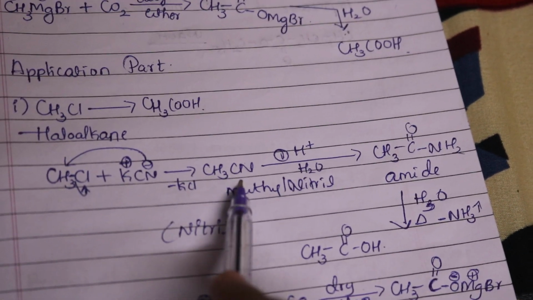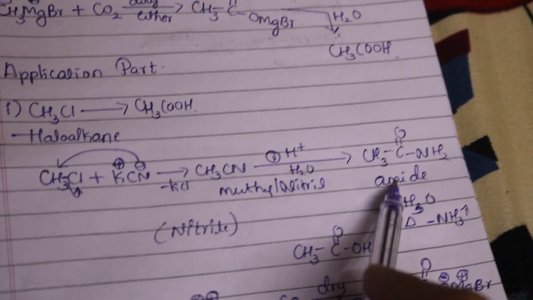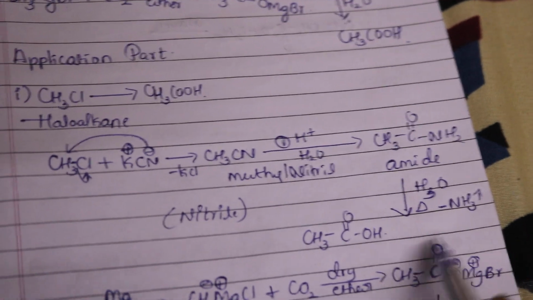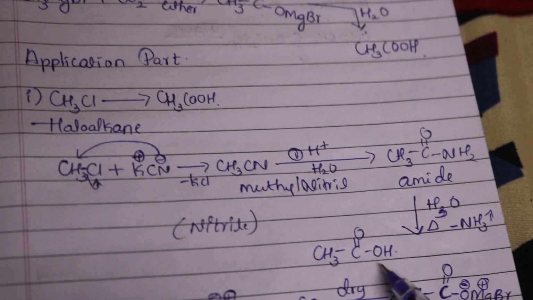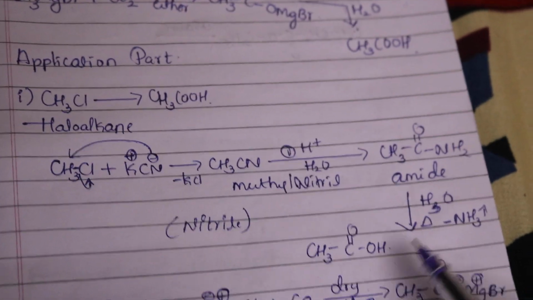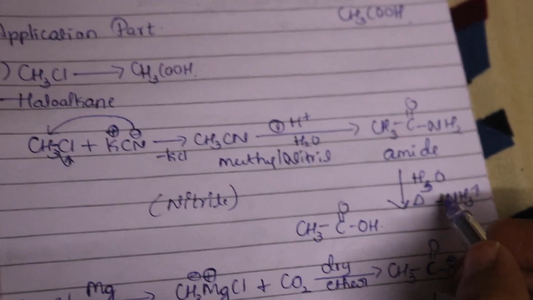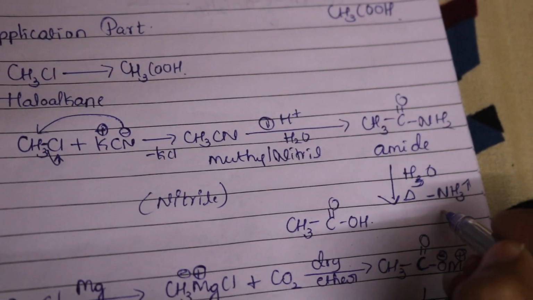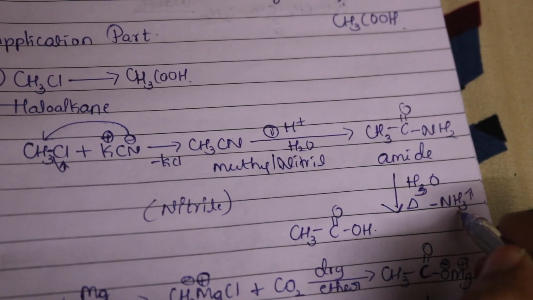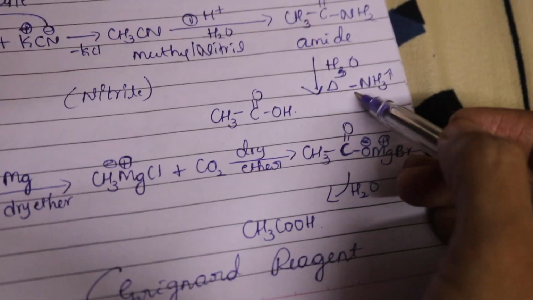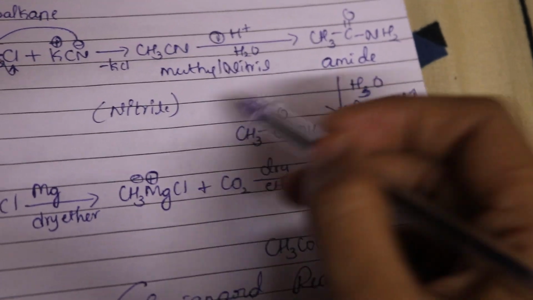So this CH3CN is hydrated two times: the first time we get the amide, and when it is hydrated again, we get CH3COOH, that is acetic acid. When it is hydrated, ammonia, NH3 gas, is liberated, and heat is applied. In the third step, heat is applied, then ammonia gas is liberated to form acetic acid.